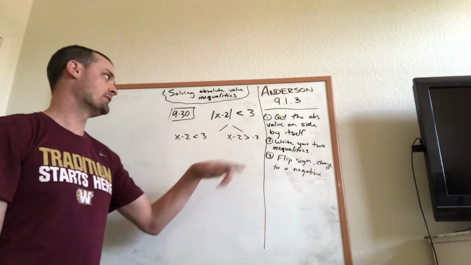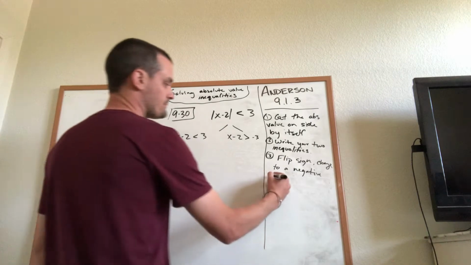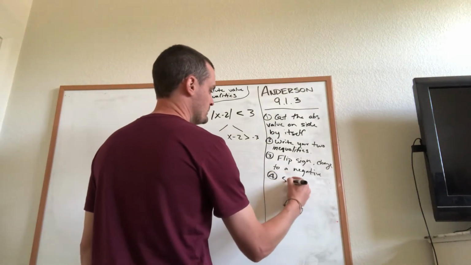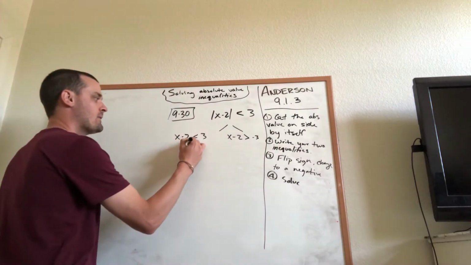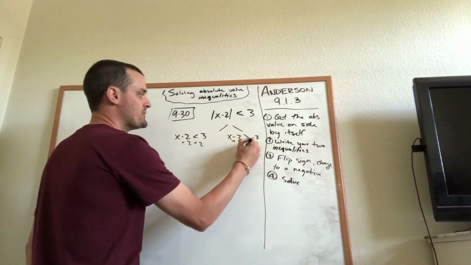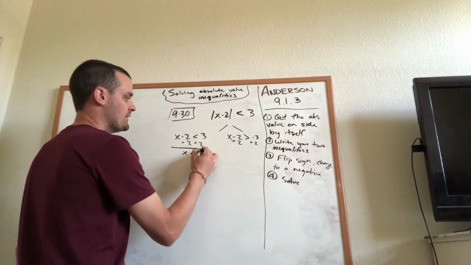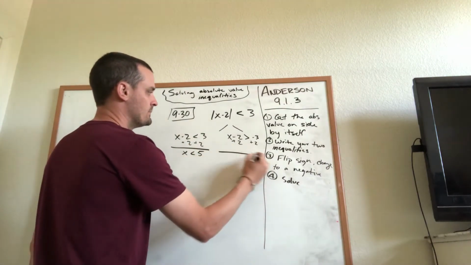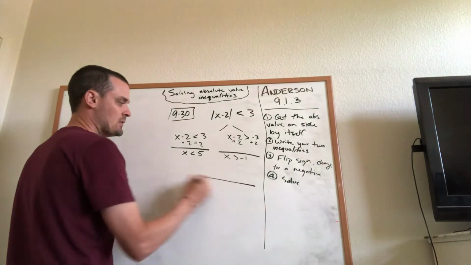Either way, it could cause a lot of problems. So now we have our two inequalities. We just want to solve both of them. Add 2 to both sides. We get x is less than 5 and x is greater than negative 1.